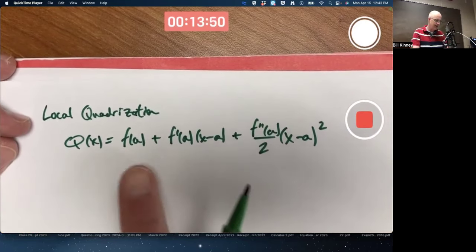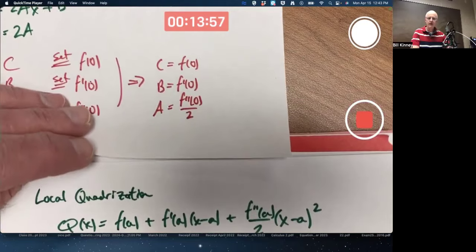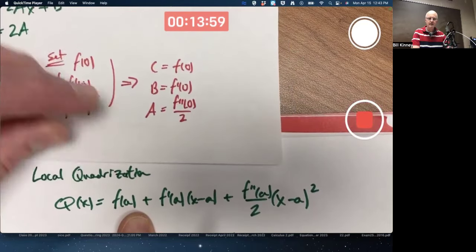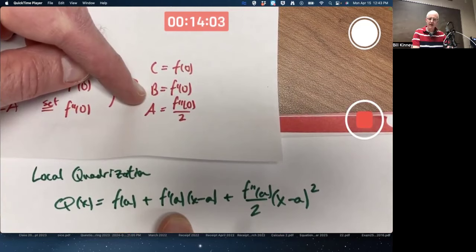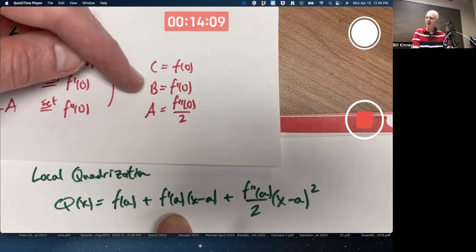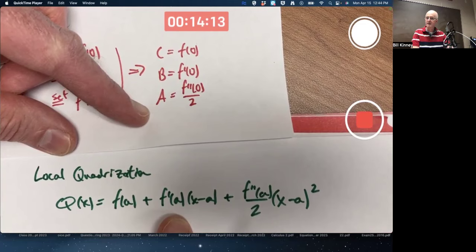The f of a, that was the c on the previous page. That was f of 0. Compare here. C was f of 0. The b was f prime of 0. That's the f prime of a. Little a was 0 in the example up here. The a here in the example was f double prime of 0 divided by 2.